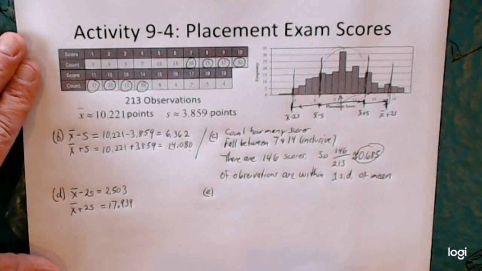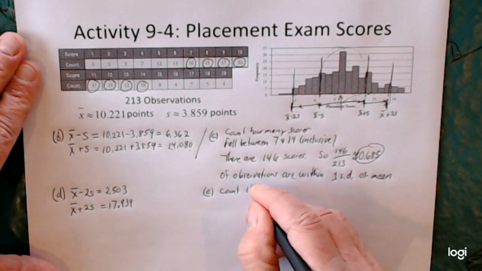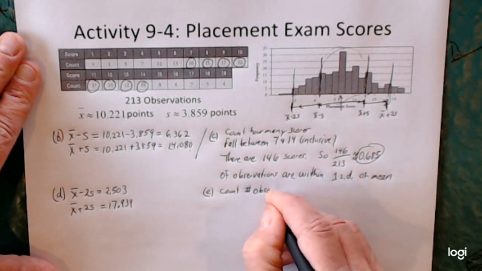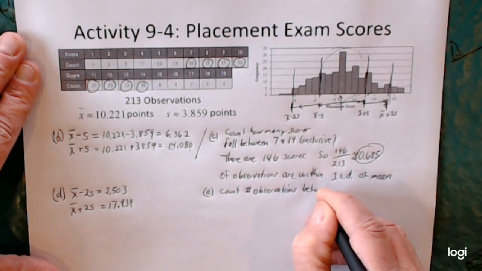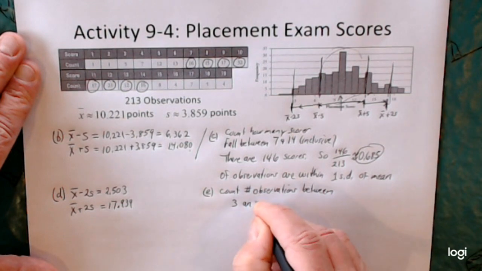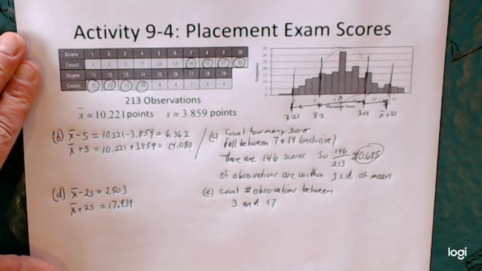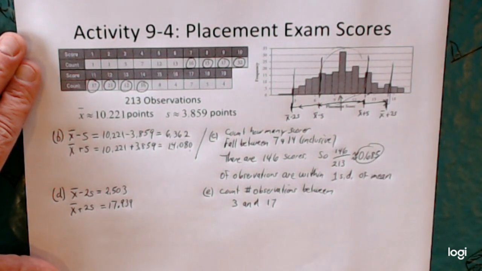So, this time we're going to count the number of observations between 3 and 17, because 2 is too low and 18 is too high. Even though 17.939 would love to round to 18, if you scored an 18, you are beyond 2 standard deviations, so we're not going to count you.